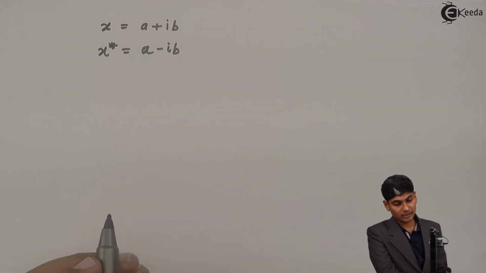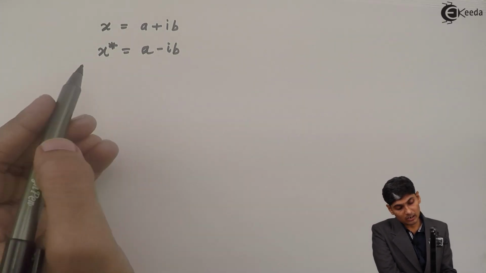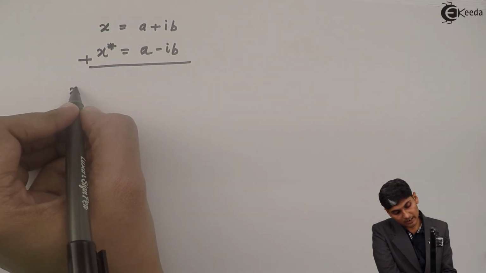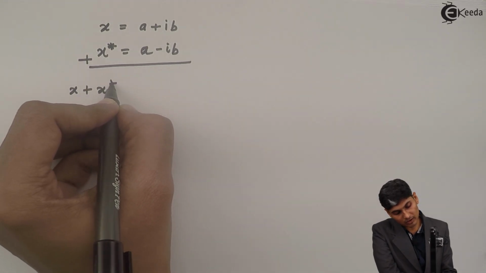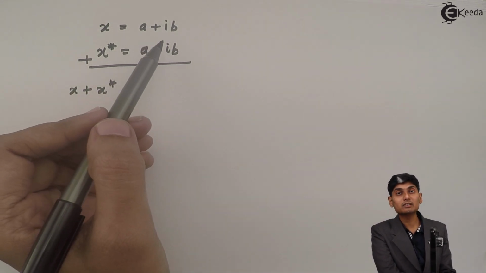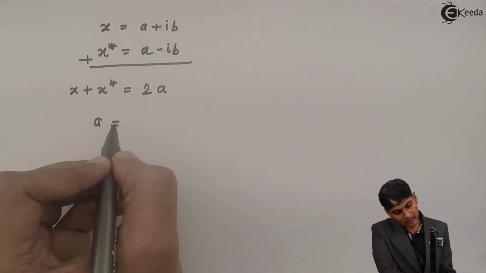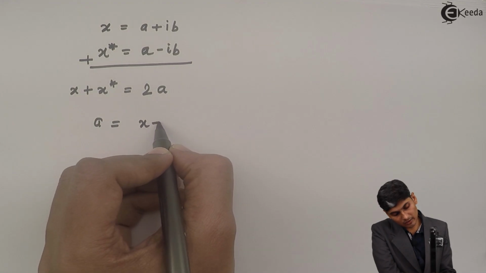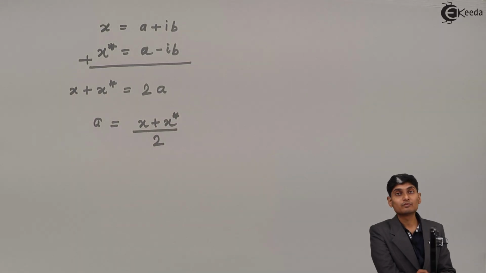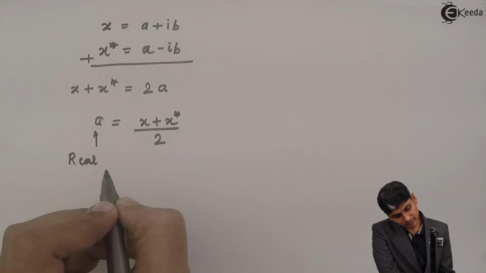Conjugating means changing the sign of the imaginary part. Now if I add x and x star, the imaginary part cancels and gives me 2a. So a is x plus x conjugate divided by 2, where a is the real part.